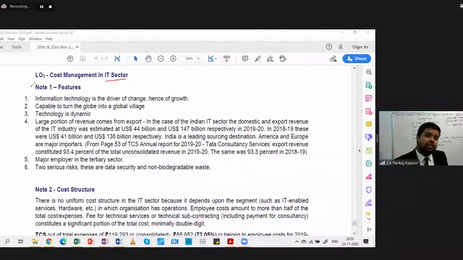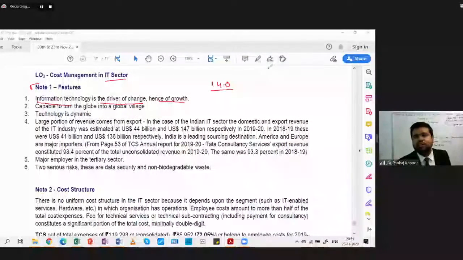Let's quickly see the features of the IT sector. The first feature: information technology is the driver of change, hence of growth. IT revolutionized the way of working. Currently, Industry 4.0 is in play. What is Industry 1.0? Industry 1.0 is when machines were introduced. What is Industry 2.0?